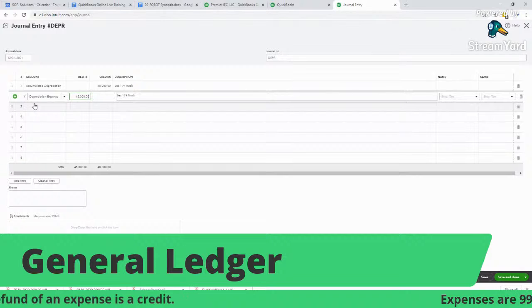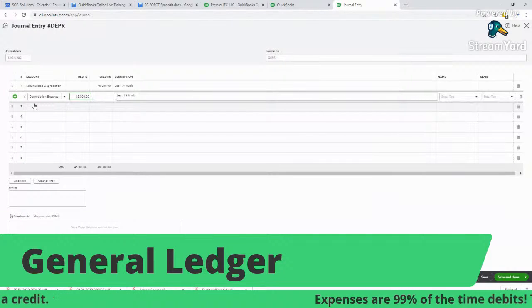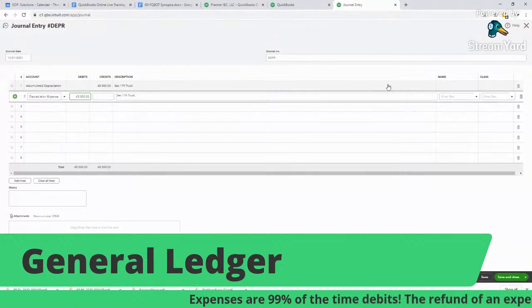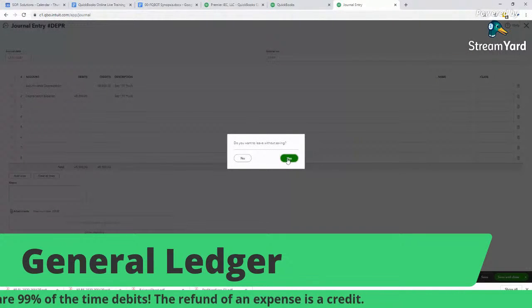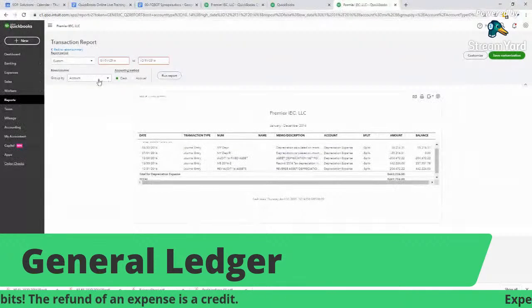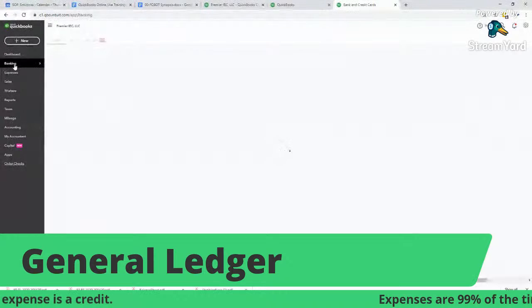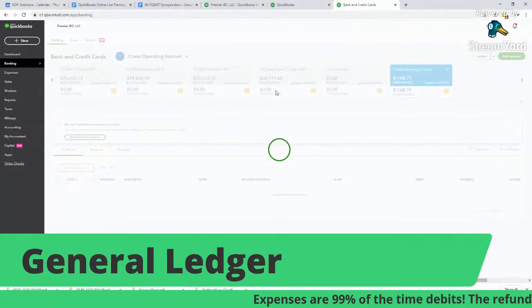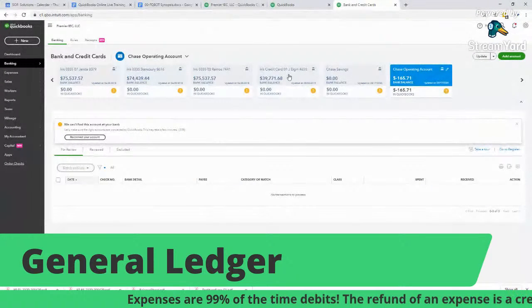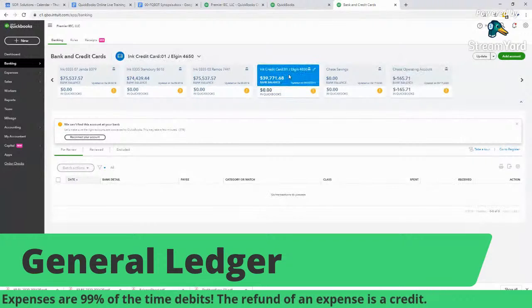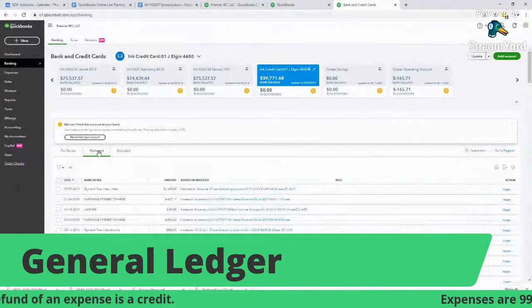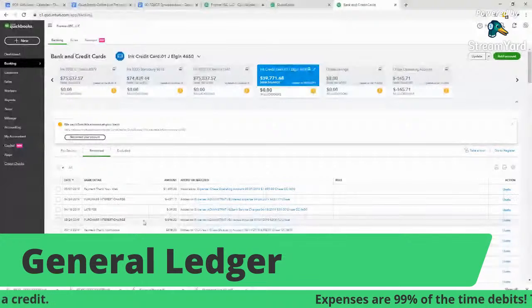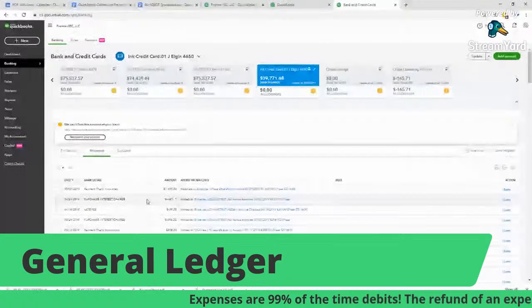So what happens if you look at your credit card, and let's go to save, yes, without saving. If I go back to my banking, this group right here had lots of credit cards. So when this credit card comes through and I'm looking at all of these transactions, these are going to go debit.